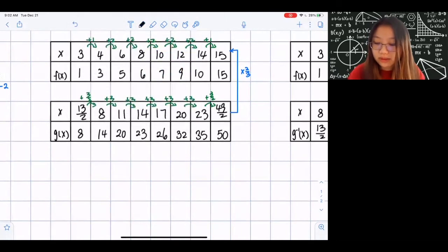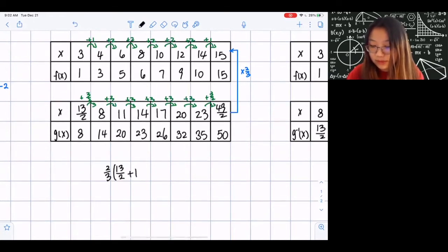I would do x, which is 13 over 2, times 2/3, but I'm going to put my plus k inside of my parentheses. This is kind of the setup of those transformations, right? And then I have 3 on the other side.